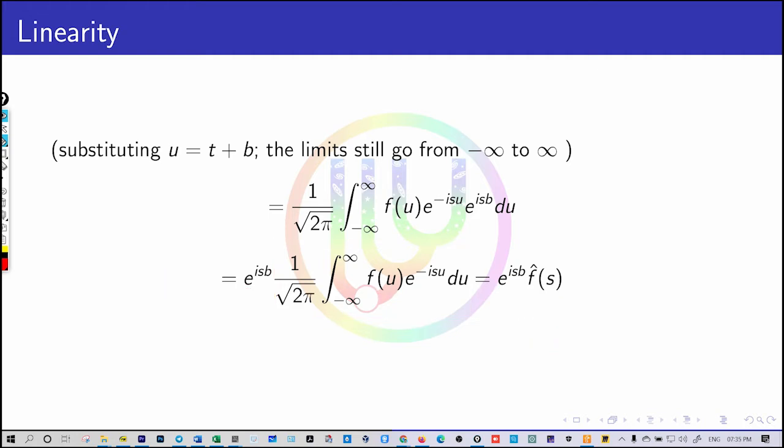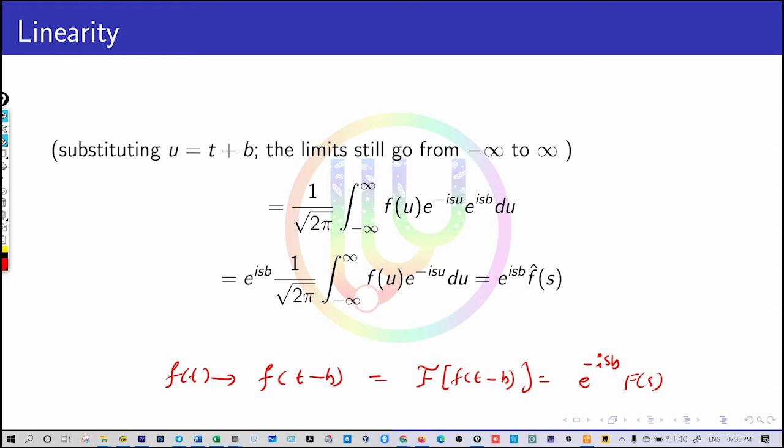Similarly, if the shifting is towards the right side, that is f of t goes to f of t minus b, then you will end up with the Fourier transform of f of t minus b equal to e raised to minus i s b F of s.